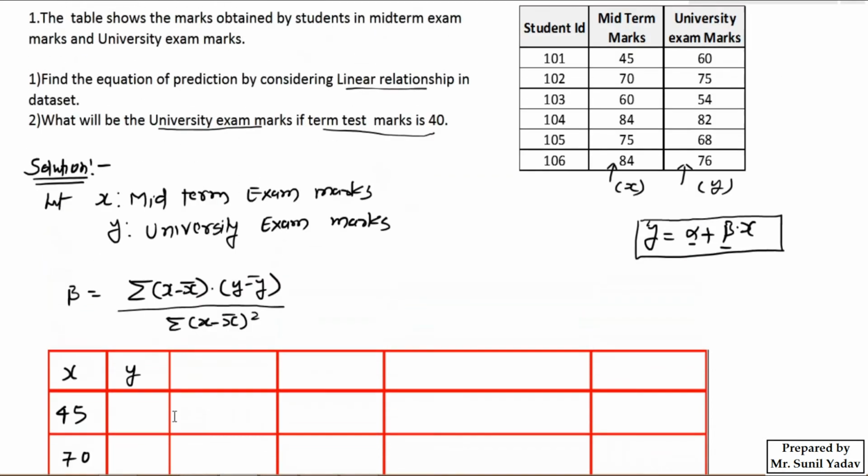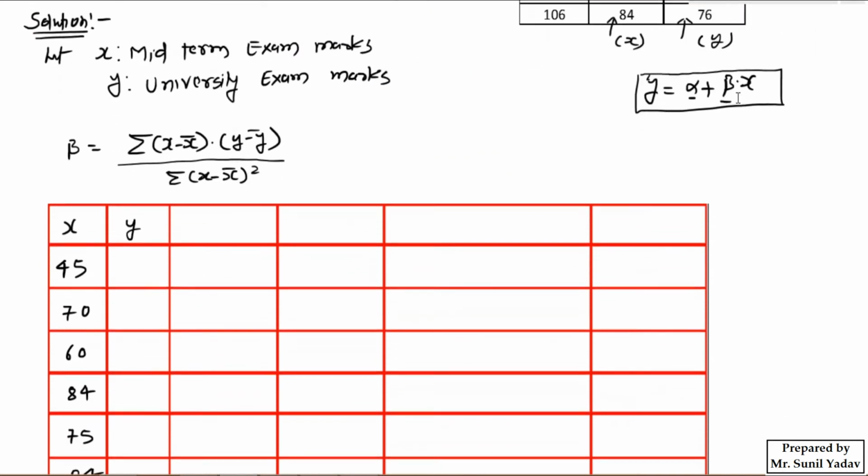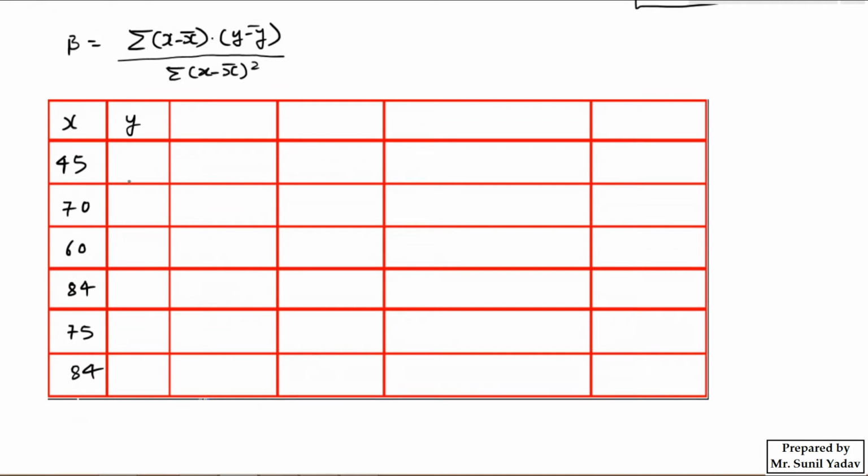Now see the values of Y also. In Y we have 60, 70, 54, then 82, and the last two values are 68 and 76.